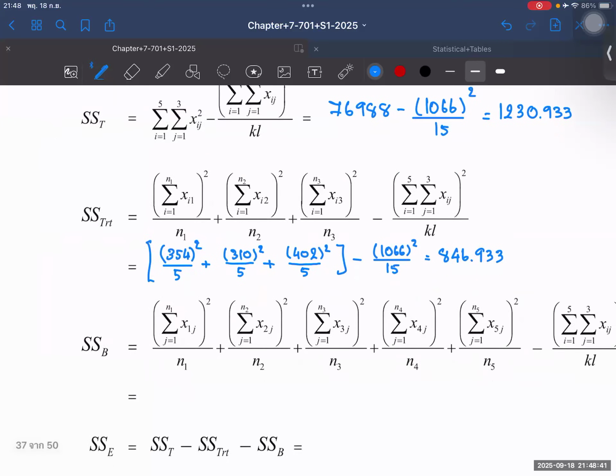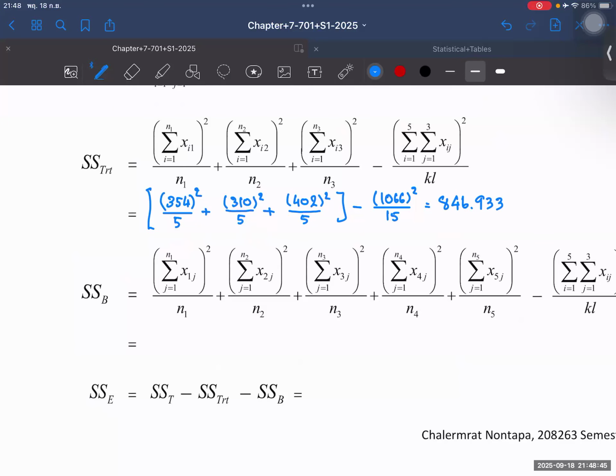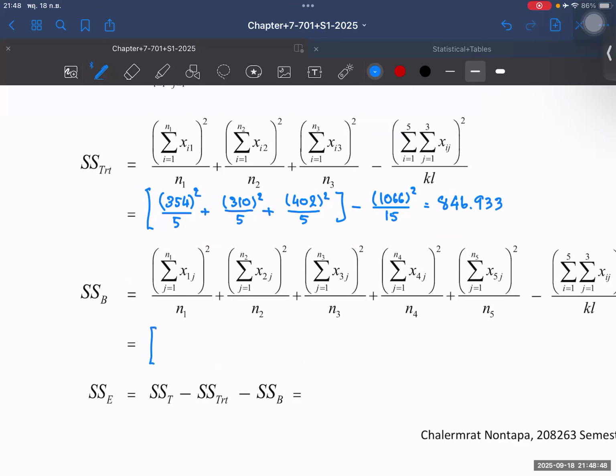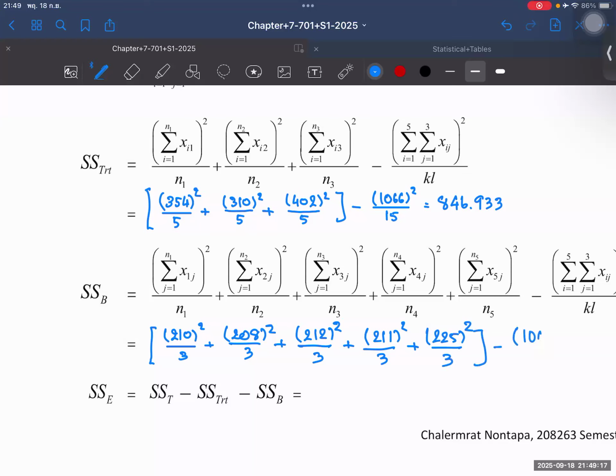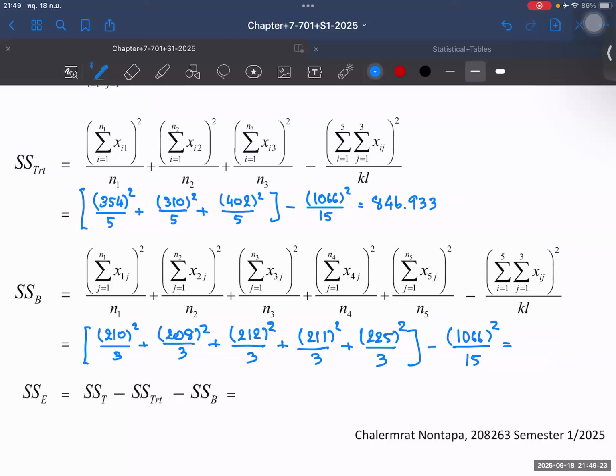Okay, and we calculate the block. So we have to calculate 210 to the power 2 divided by 3 plus the sum of each row, 208 to the power 2 divided by 3 plus 212 to the power 2 divided by 3 plus 211 to the power 2 divided by 3 plus 225 to the power 2 divided by 3 minus 1066 to the power 2 divided by 15, and we get 60.933 again.